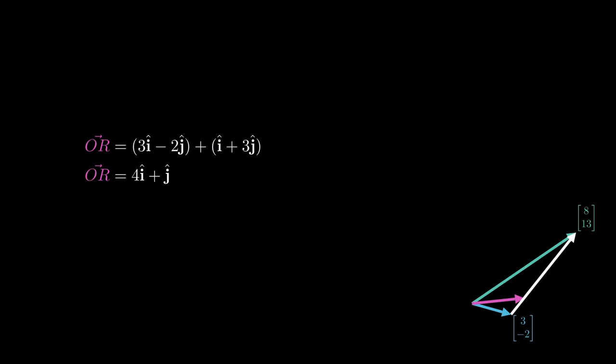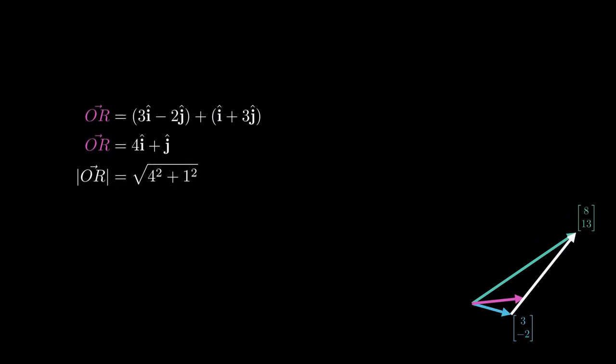We still need to give it as a unit vector. Unit vector means it has magnitude of 1. So the way we can get a unit vector is to get the magnitude of OR, and we divide by that magnitude. That will make the magnitude equal to 1.